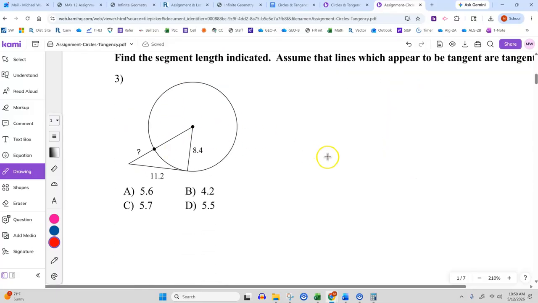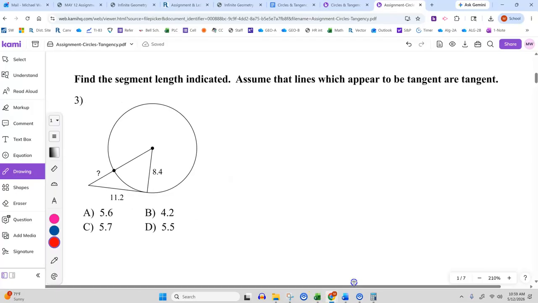Okay, so the next thing, number 3, is very similar to number 1 and 2, because it says find the segment length and assume, that means that this is tangent. So assume means we're going to automatically assume that that's 90 degrees, and we're going to say it is a right triangle. Okay, so in the first one here, we're trying to figure out this piece right here, correct? Well, what do we know?